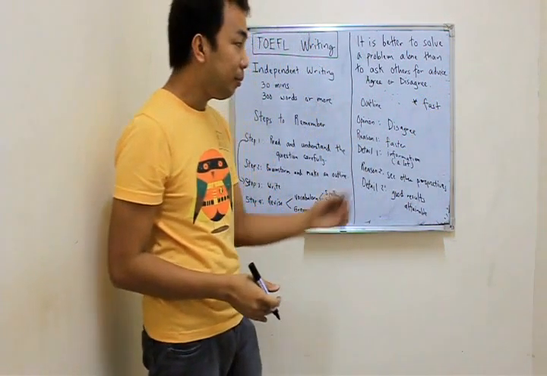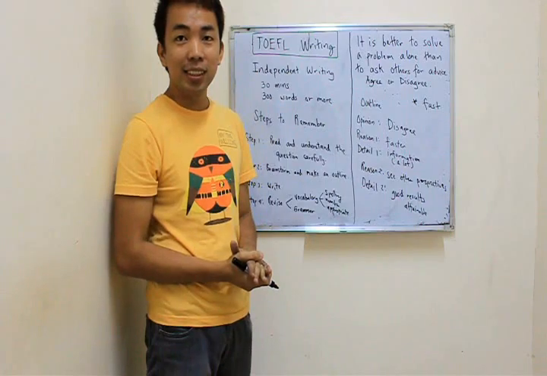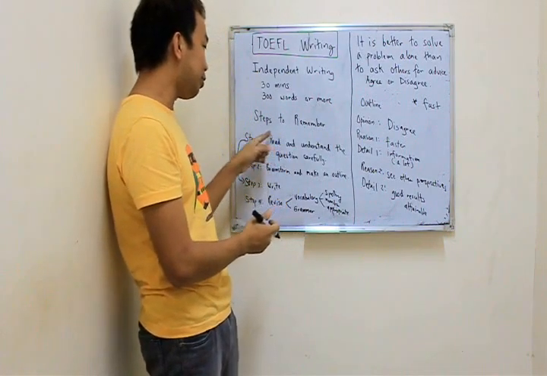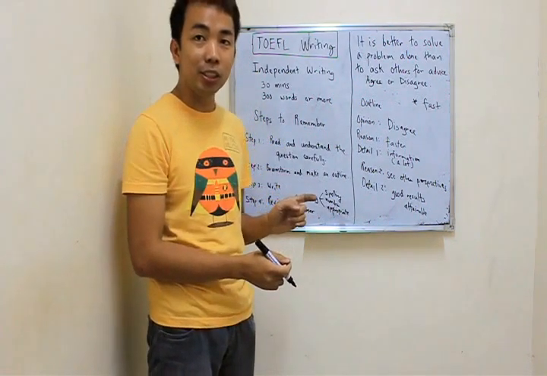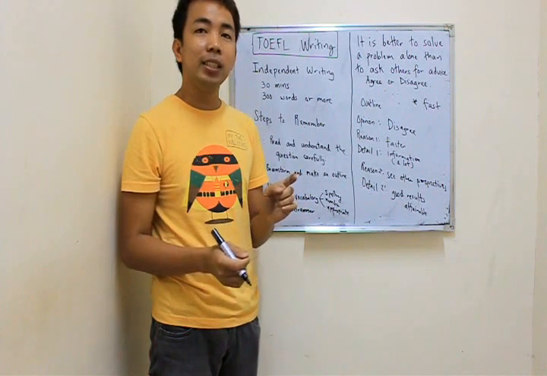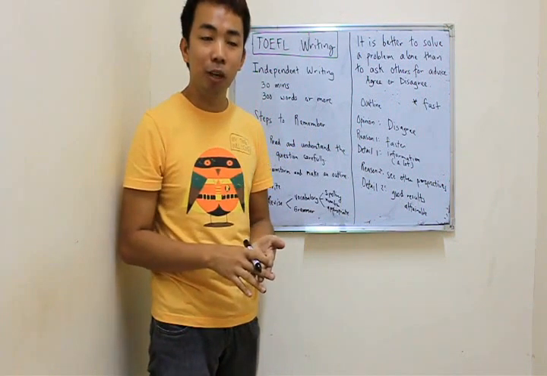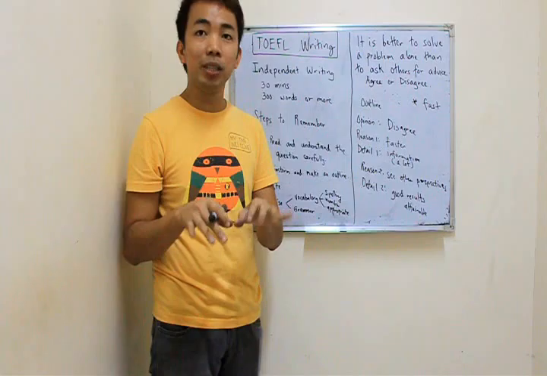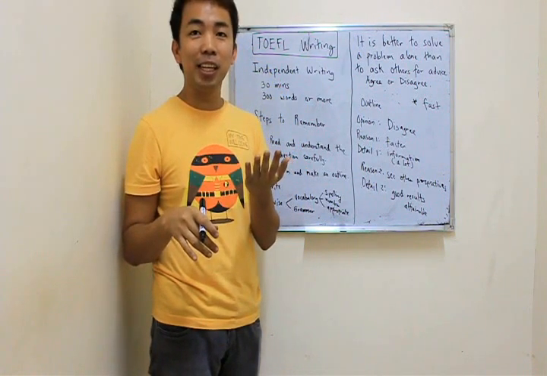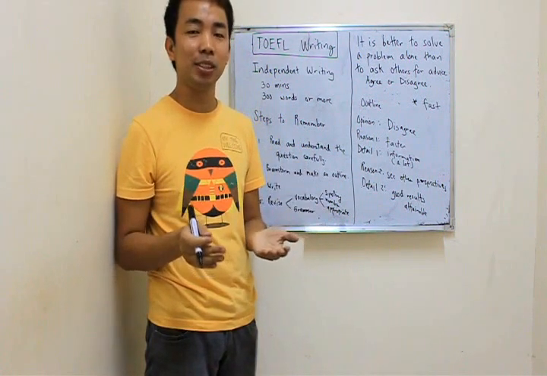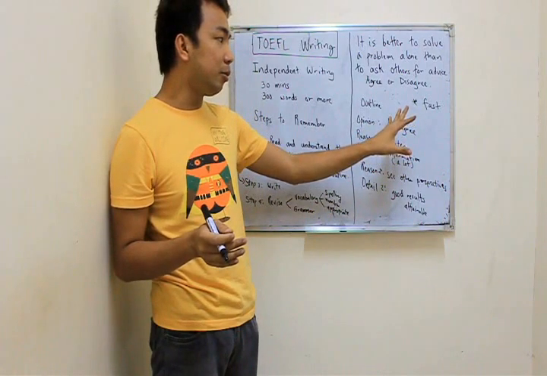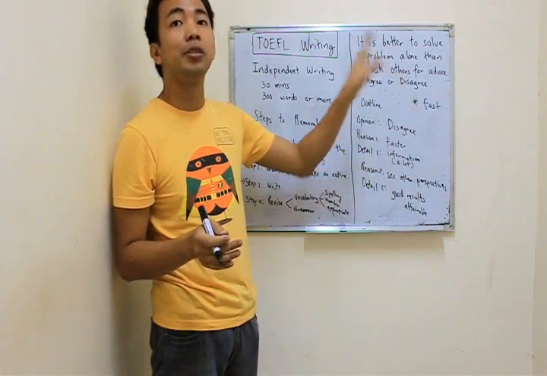Why fast? Because you already know what to write. If you go directly to writing after you read the question, there is a tendency that you will waste so much time, because you write at the same time you think. As they say, you cannot serve two masters at the same time. So it is better to make your outline first, then write.